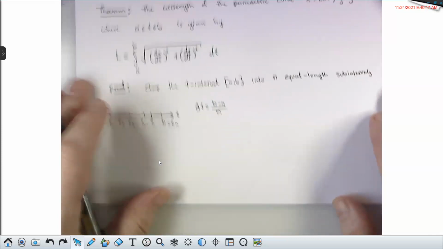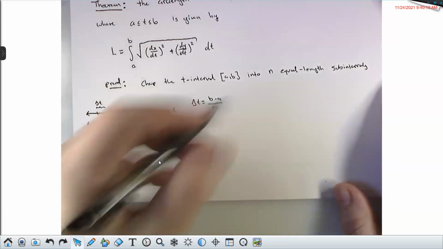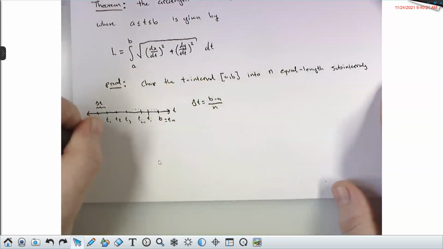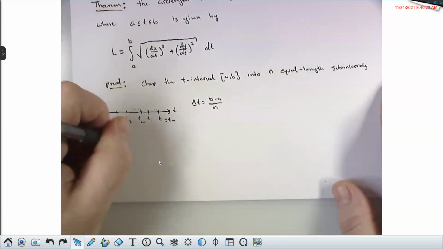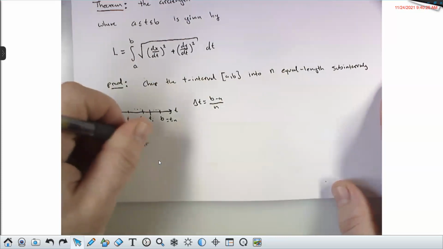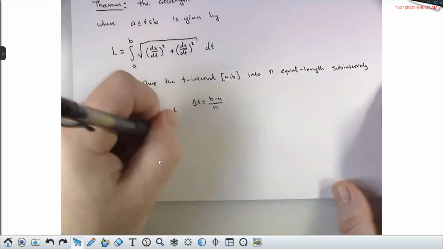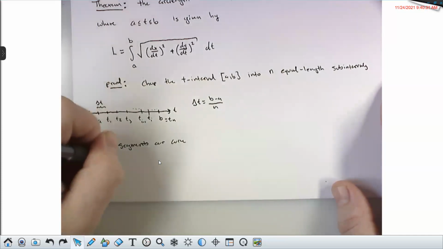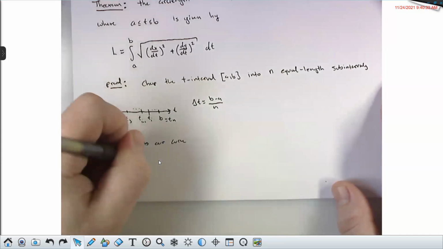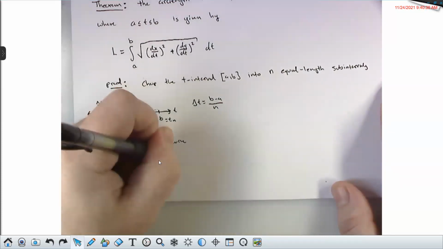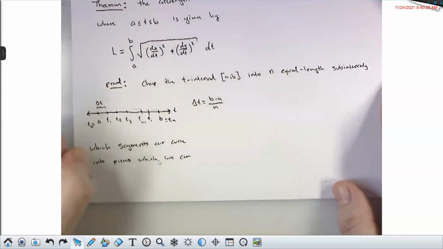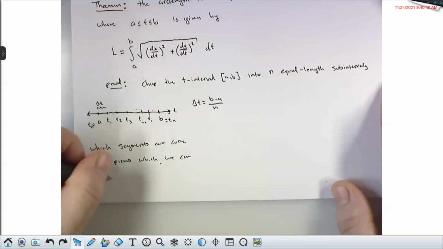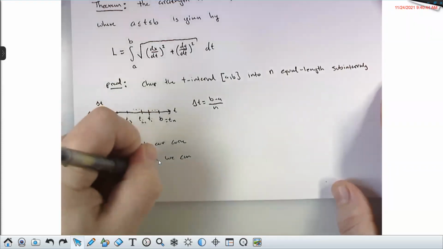And what this does to our curve, this segments our curve into pieces, which we can approximate as straight lines.